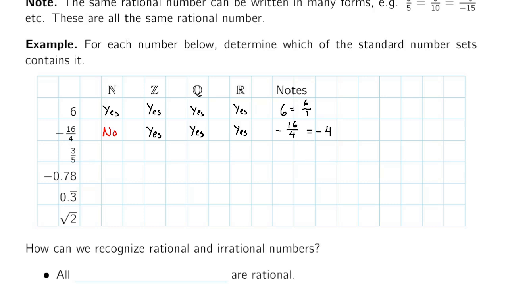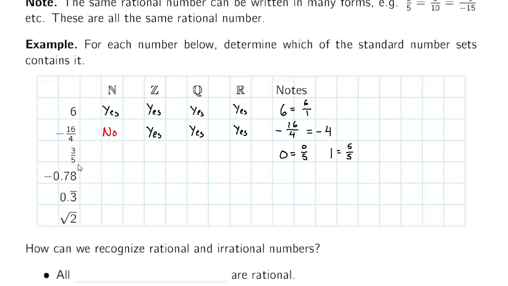What about 3/5? Right? Is that a natural number? Is that an integer? It's positive. So if it's an integer, it's also going to be a natural number. But we notice that 0, right, that's 0/5. And 1, that's 5/5.